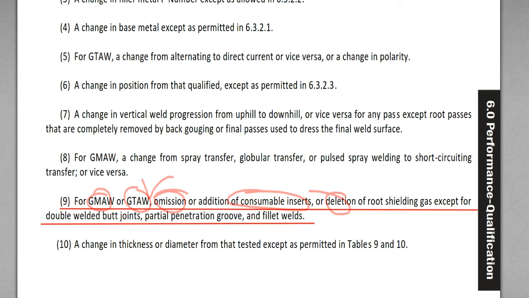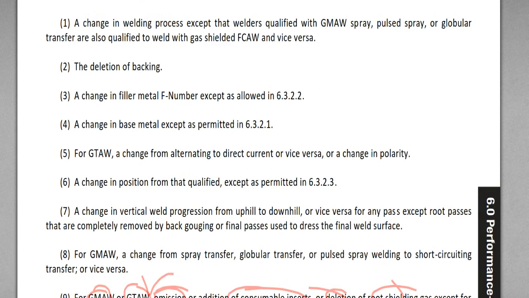And deletion of root shielding gas is like this. We have a butt joint like here, not for carbon steels, but for stainless steels and low alloy steels. If you weld the root pass, oxidation occurs on this part, the back bead, and usually this back bead is oxidized.